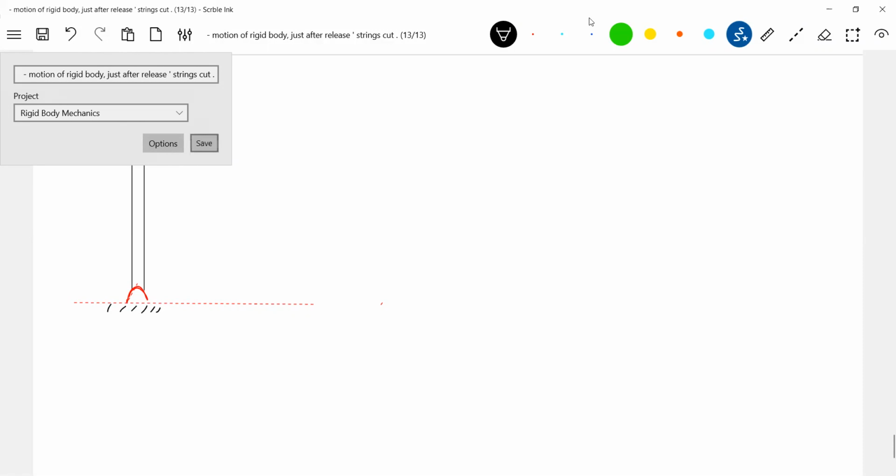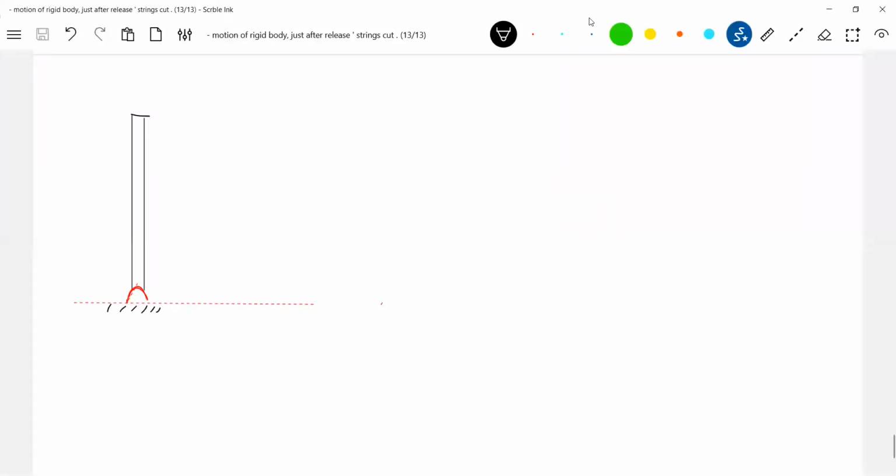This is OA and this is the center of mass. The length of OA is L, mass of the rod is M. When the rod makes an angle theta with the vertical, what will be the reaction at the hinge?